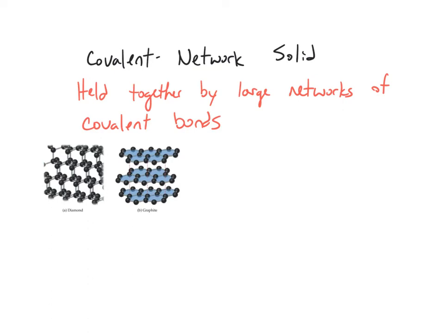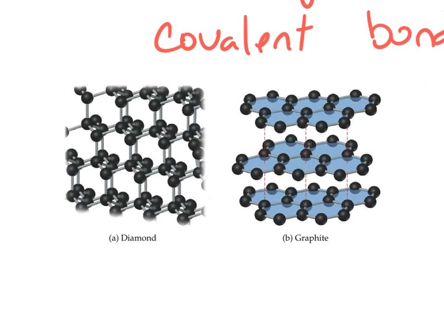I snagged this screenshot from our textbook, but an example of a covalent network solid is diamond or graphite. Both of these happen to be covalent network solids of carbon. You can see that in diamond, you've got a covalent crystal of alternating carbons making 6-sided hexagons as well. Graphite likewise has hexagons, but the structure is slightly different.